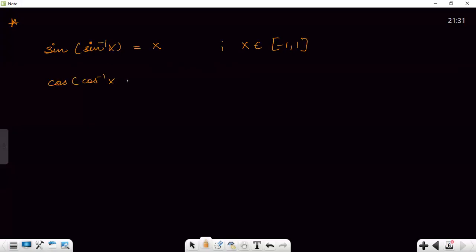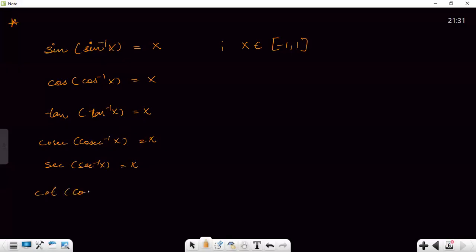Cos of cos inverse of x will be x. Tan of tan inverse of x will be x. Cosec of cosec inverse of x will be x. Sec of sec inverse of x will be x. Cot is left. Cot of cot inverse of x will be x.